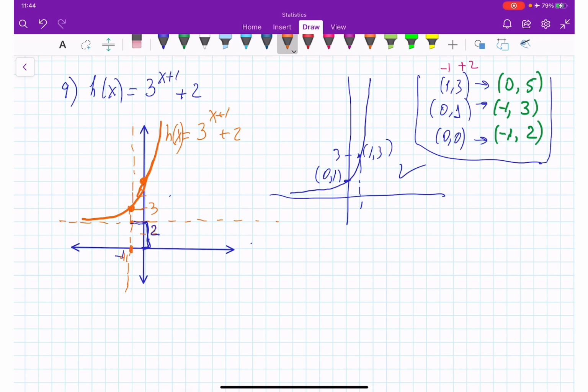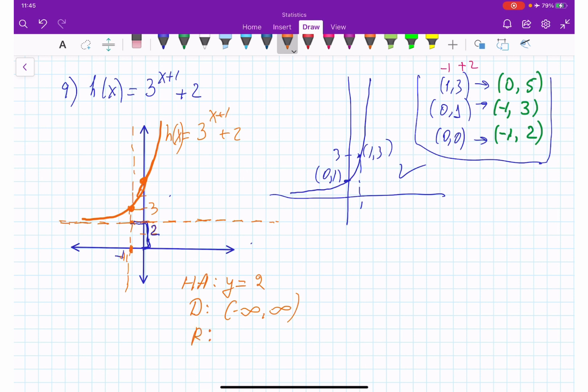We have our horizontal asymptote, y is equal to, this is where it is, and then the domain is going to be the same, negative infinity, positive infinity, and the range is going to start from where?